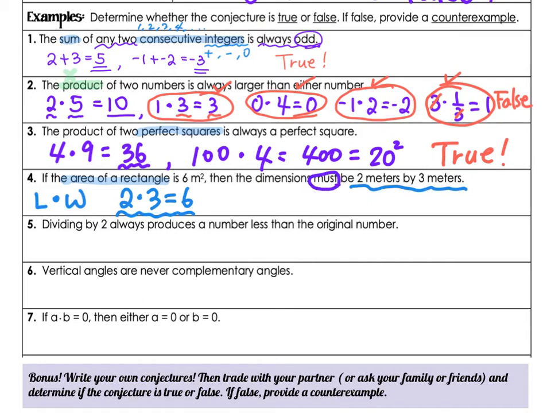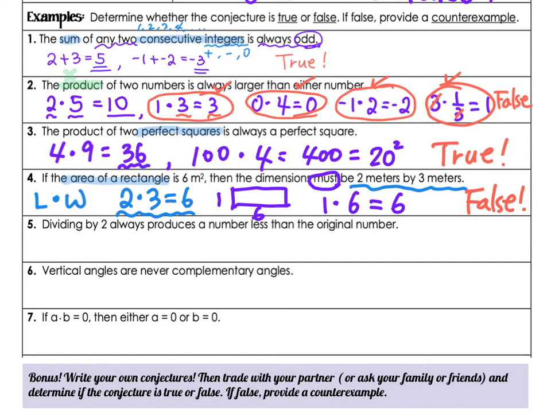Does that mean there is only one case where we get an area of 6 square meters? It's 2 by 3. What about the other case? Can you tell? That's right. We can have 1 by 6, right? 1 times 6 is also 6. So there is another case we already found. That is our counterexample. So this is a false conjecture.